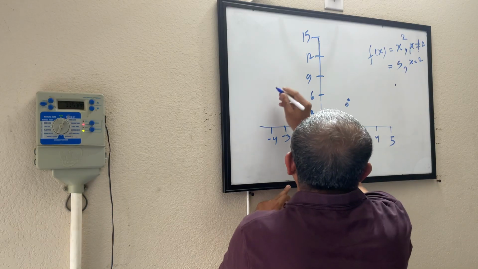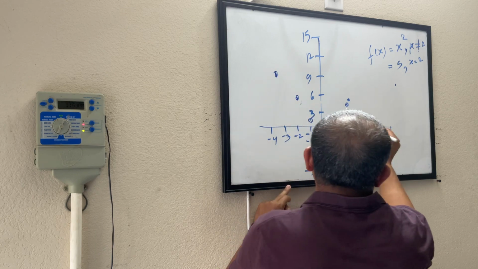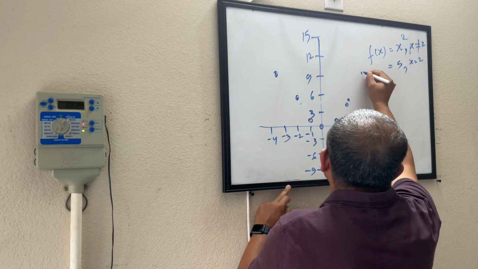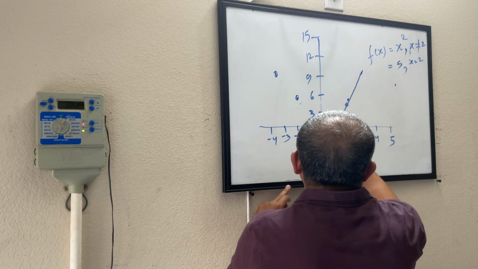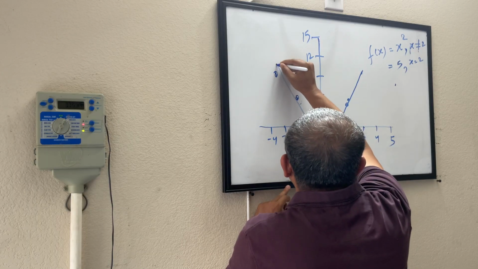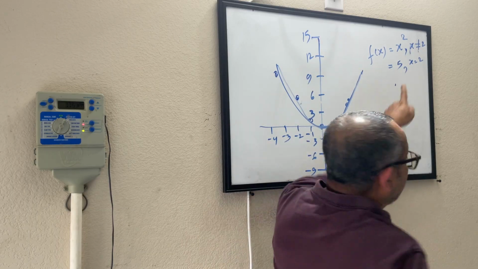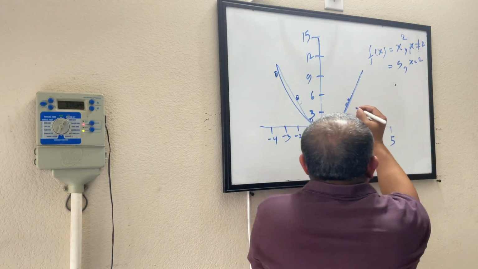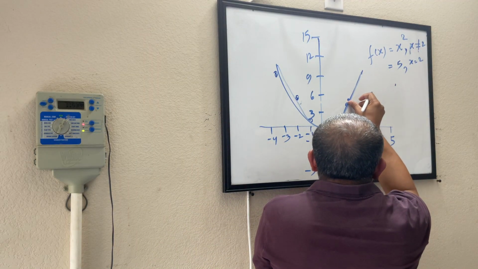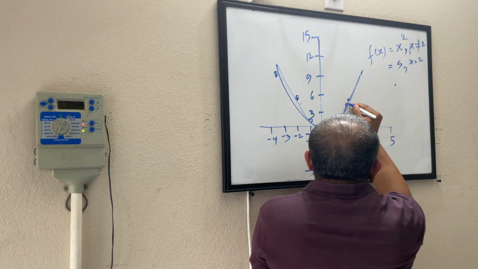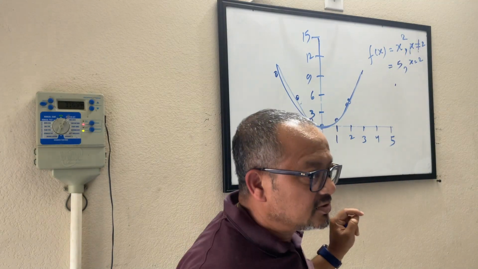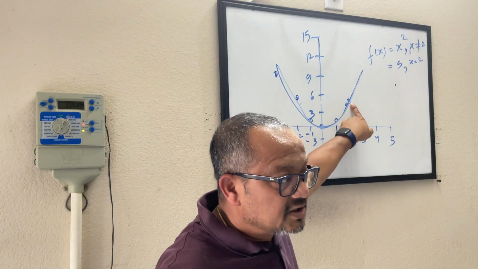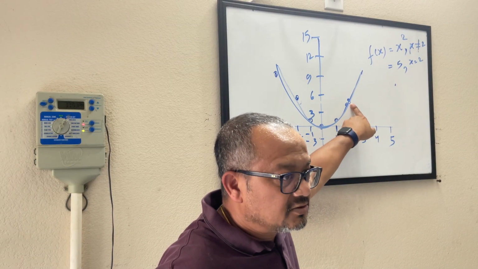When x is 3 it would have been 9 here. So let me try plotting it. This is my graph for f(x) equal to x squared. But I'm saying when x equals 2, this is not true. So I have a discontinuity in this graph for x equal to 2.